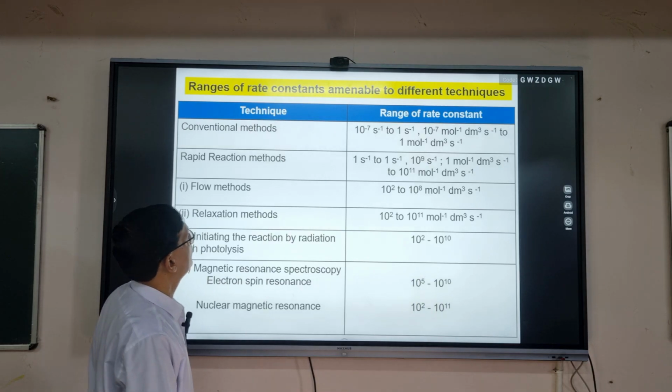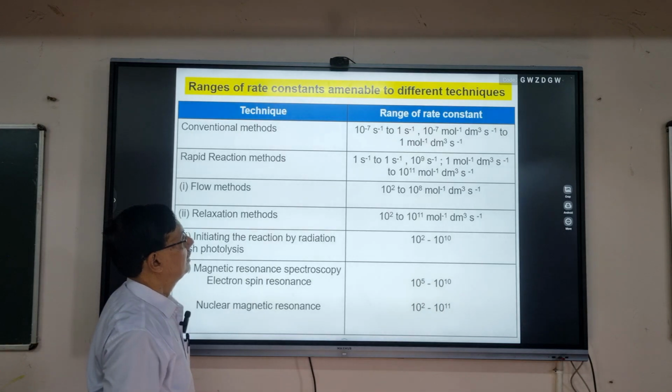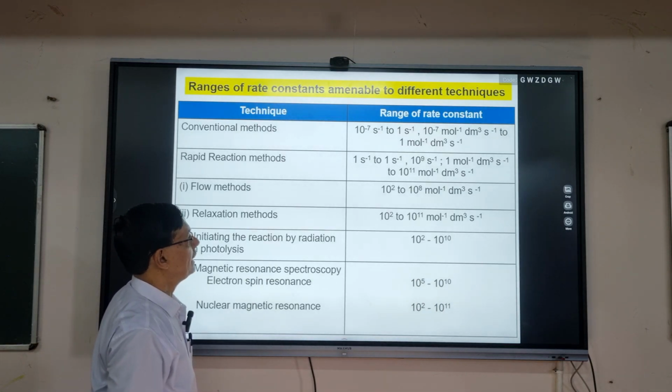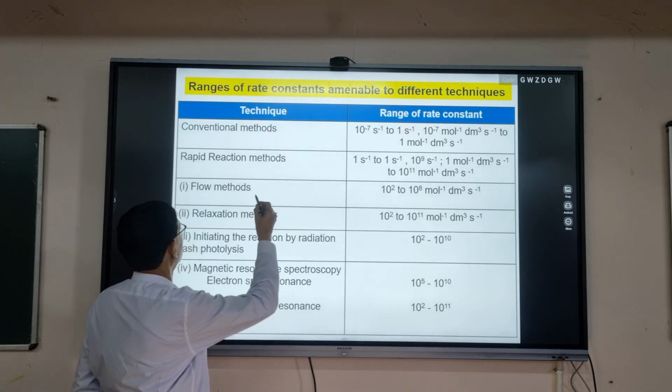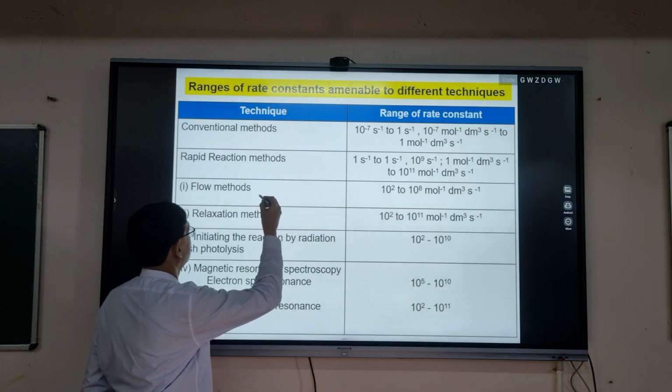Now you see the conventional method works for reactions taking 1 second or more. Now I am just talking about this flow method.